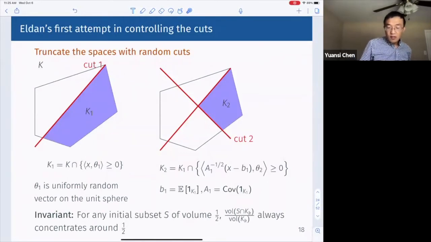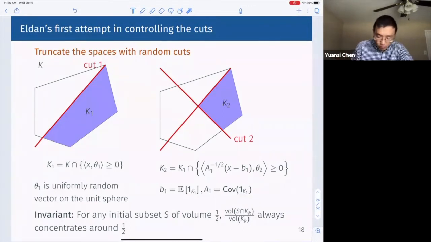So one simple idea he tried is that, instead of cutting the space arbitrarily by rotating hyperplanes, you cut the space with random cuts. You find the first direction, θ1, and then cut the density into half and it becomes K1. Then find the second direction, cut the density and it becomes K2, like this. You can do this iteratively, and there is something invariant.